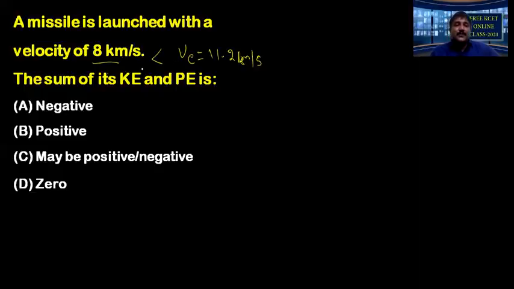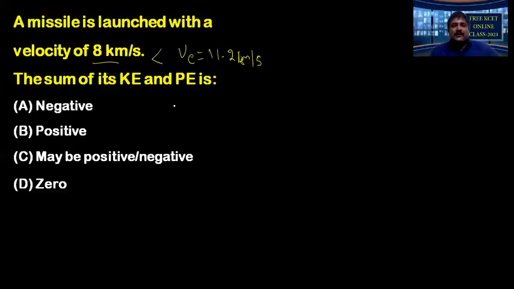That means if the body is projected with less than the escape velocity, what happens? It is given some kinetic energy, but the magnitude of the kinetic energy given to the body is less than the potential energy. So the potential energy is greater for that body in magnitude. Actually, potential energy is negative. So it will not reach infinity, and it will ultimately fall. 8 km per second means it has to fall to the Earth.